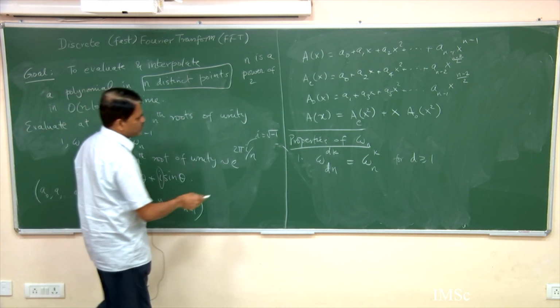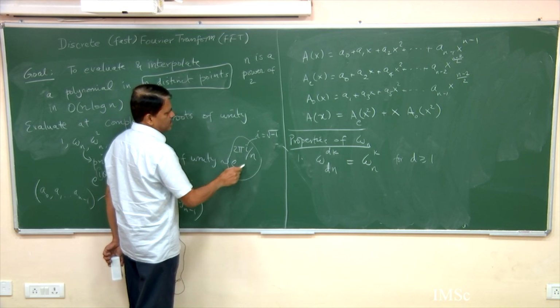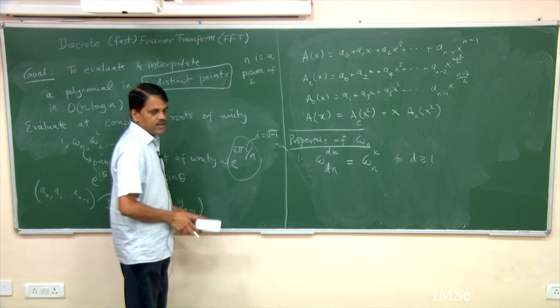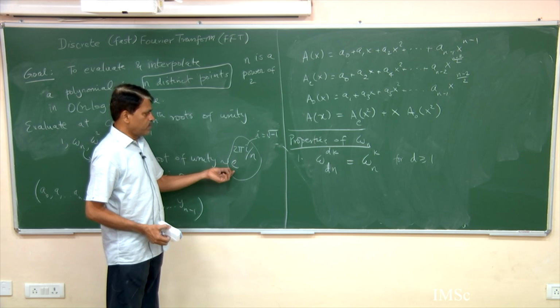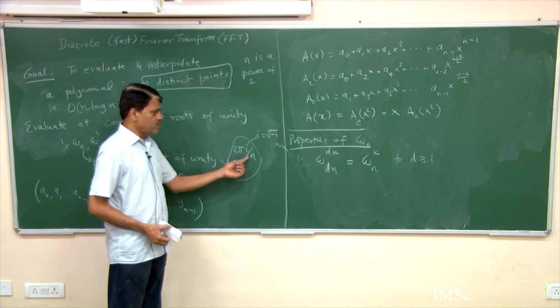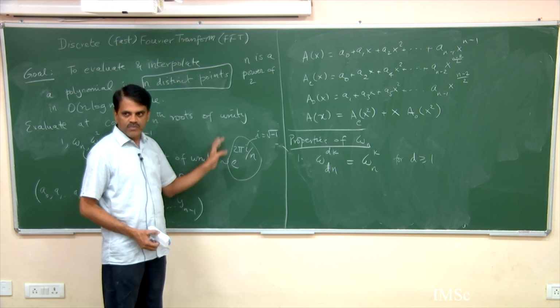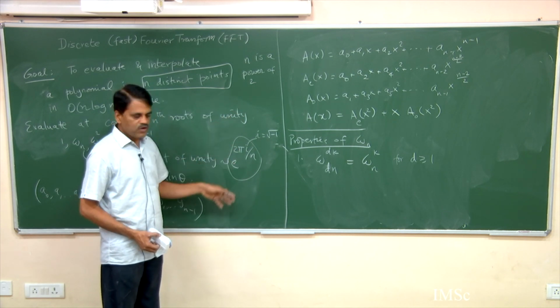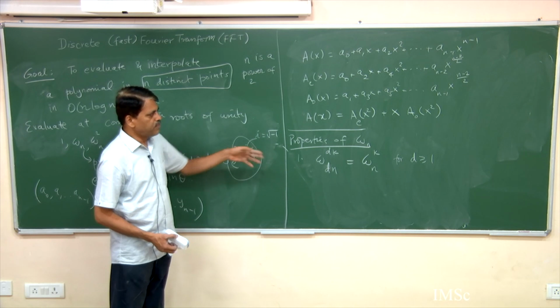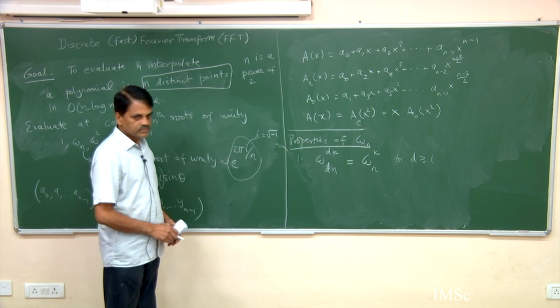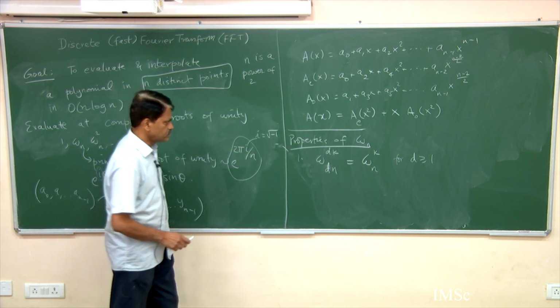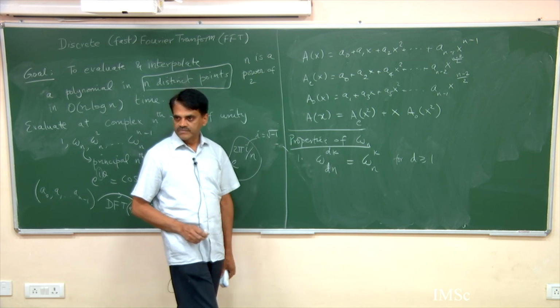You just have to apply this formula, right? Omega n is basically e to the 2 pi i by n. So omega dn would have a d here, and you take the whole thing to the power dk, d will cancel out. So it will be just this whole thing to the power k, right? That clear? Okay.